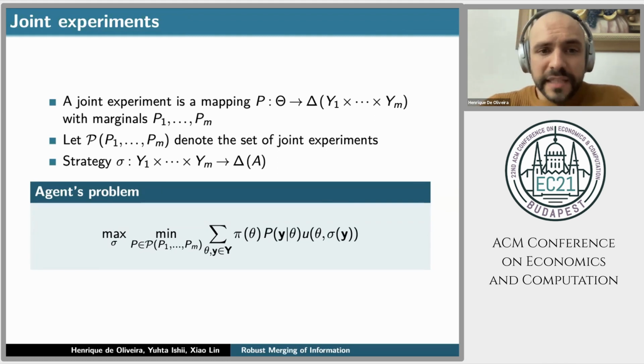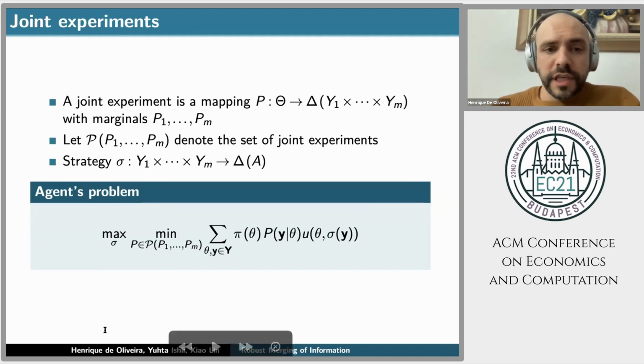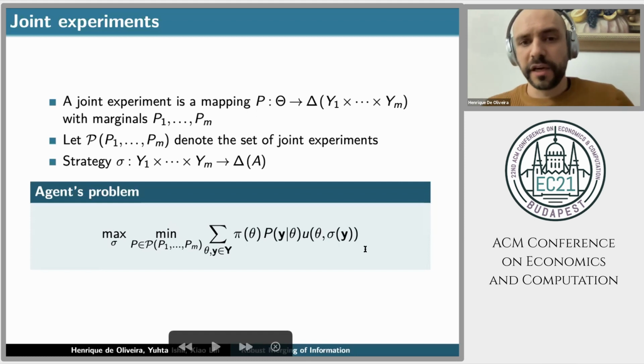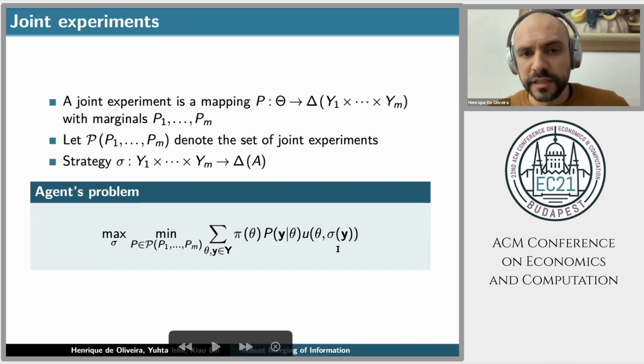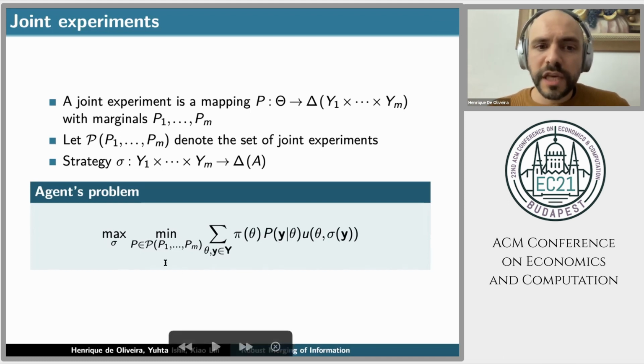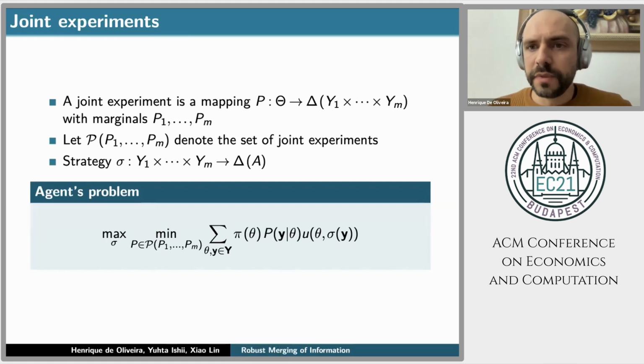The agent wants to maximize the worst case of correlation in terms of the expected payoff. So this is just the regular expected payoff that the agent gets from a given joint experiment P, which is a particular specification of the correlation. And we're taking here the minimum over all possible correlations that are consistent with those given marginals, P1 through PM. Okay, so that's the problem.